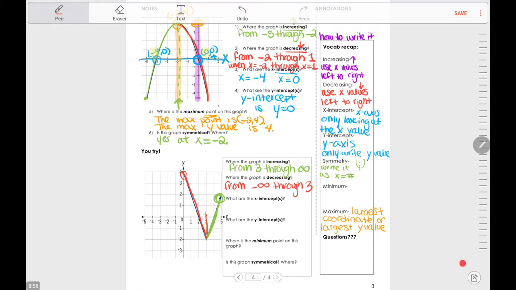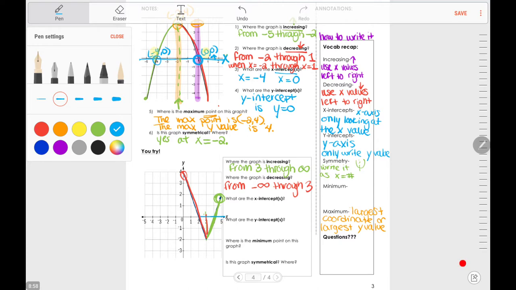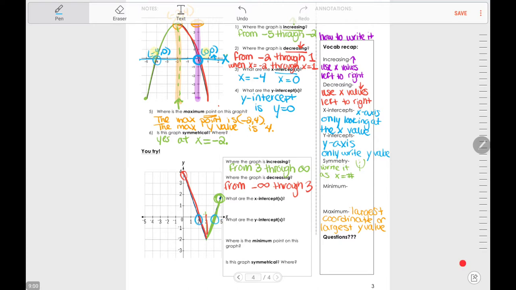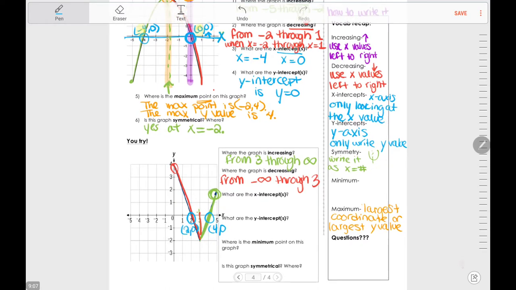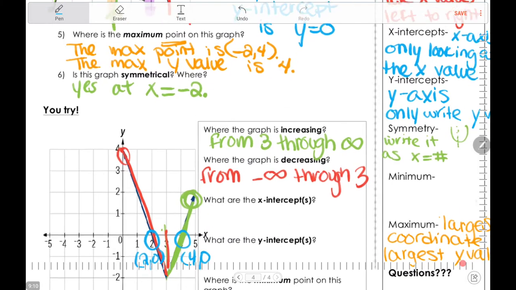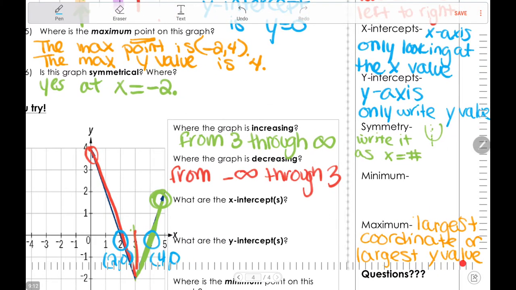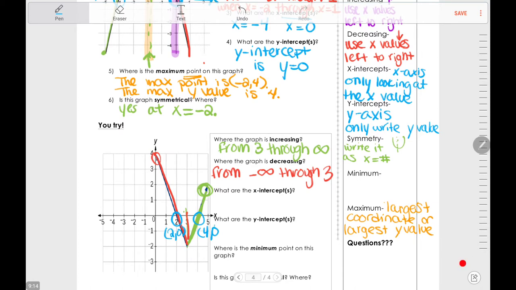All right, x-intercepts. Where it hits the x-axis, here and here. So that coordinate is 2, 0, and this one is 4, 0. Let me zoom in. There we go. All right, and I only care about the x value, so the x-intercepts are x equals 2 and x equals 4.